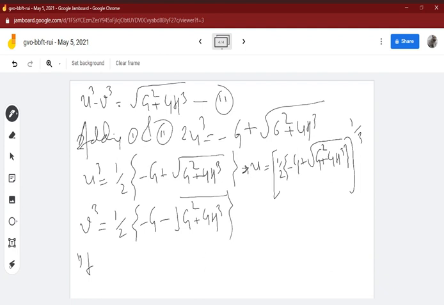So you have to find the cube root. Similarly, v equals half into minus g plus square root of g square plus 4h cube, to the power 1 by 3, the cube root of v.